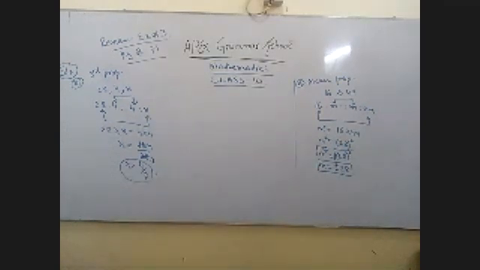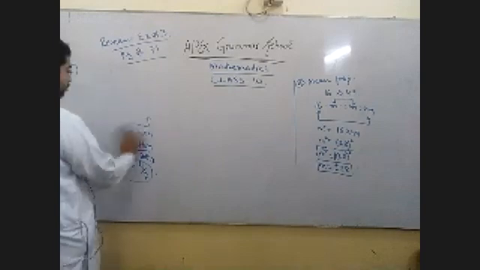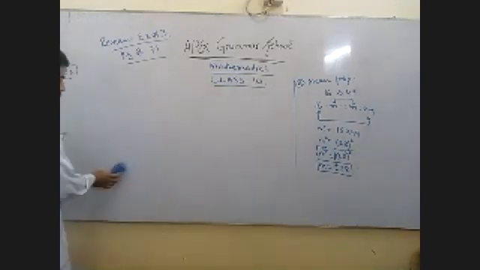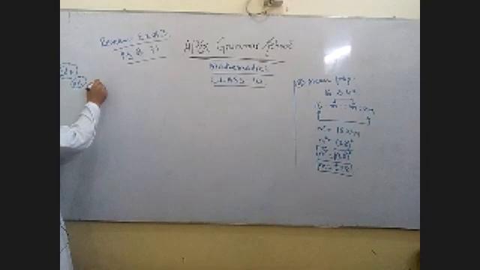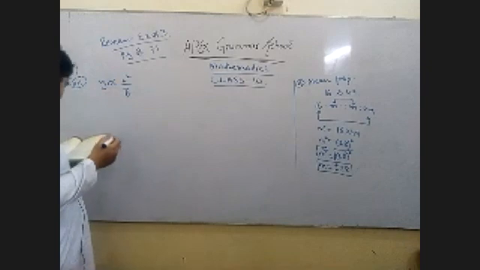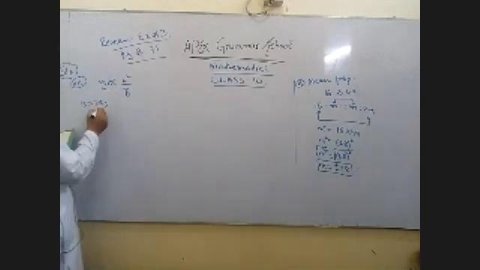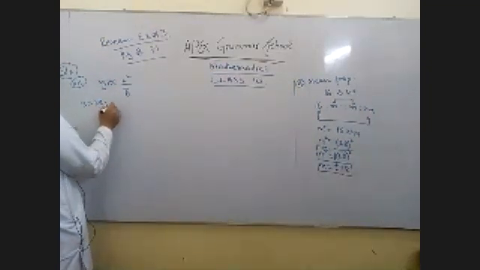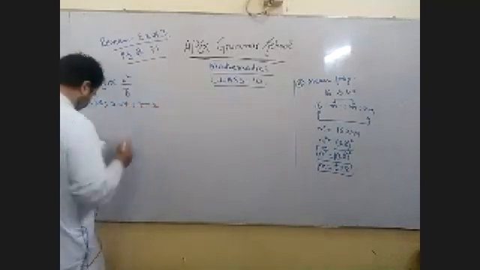Of part number 12, y is directly proportional to x square over z, then y is equal to 28, x is equal to 7, then z is equal to 2.